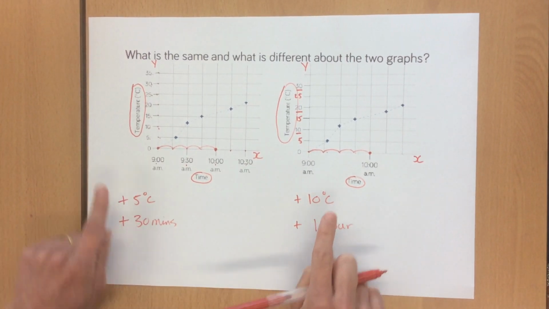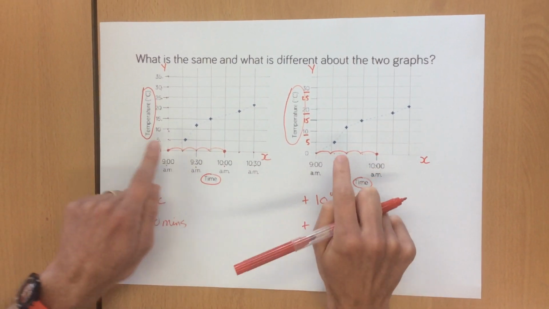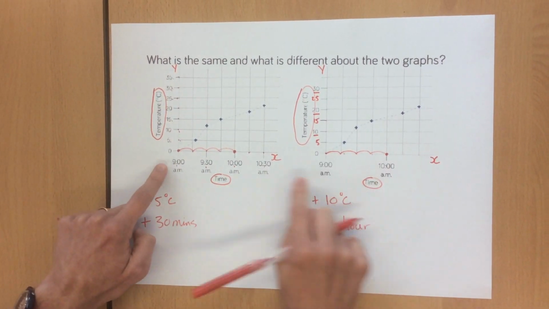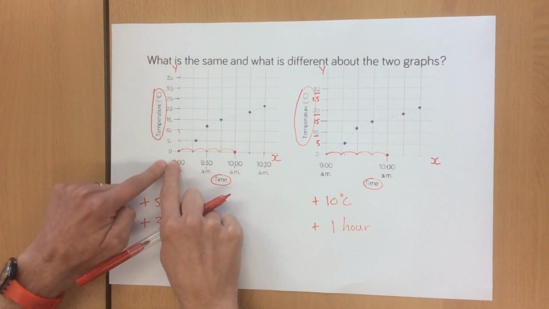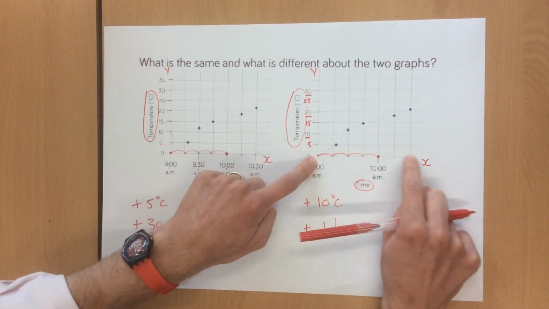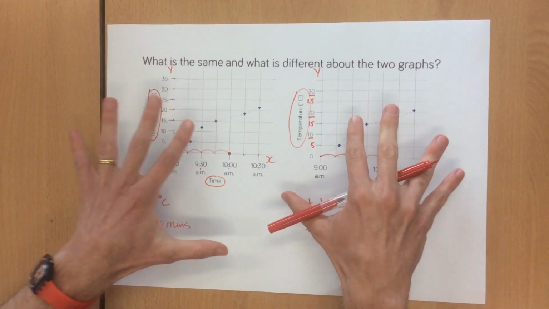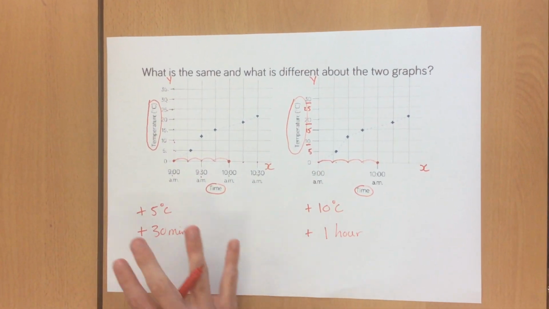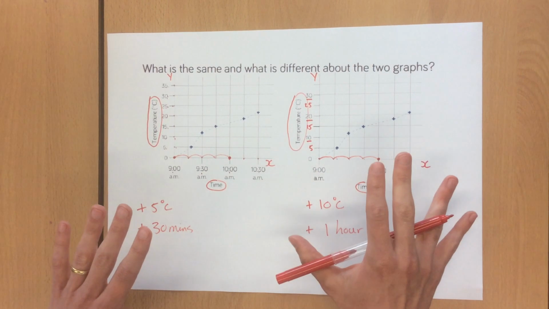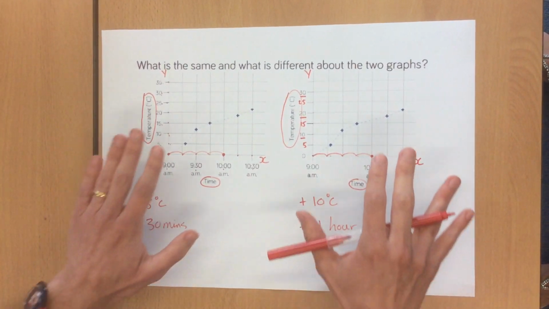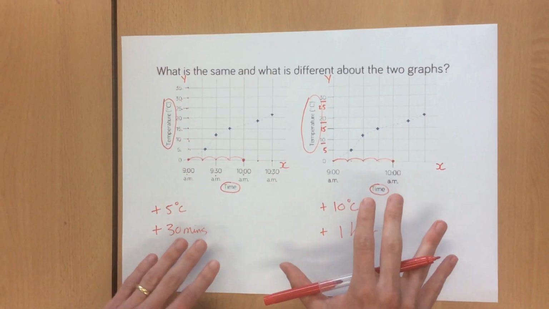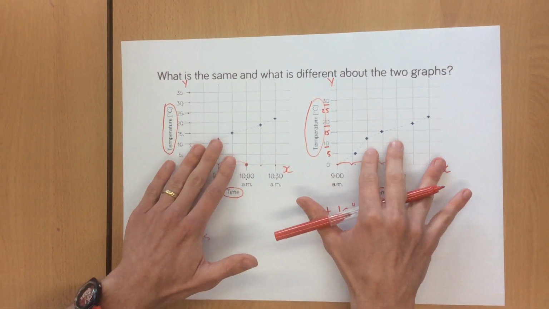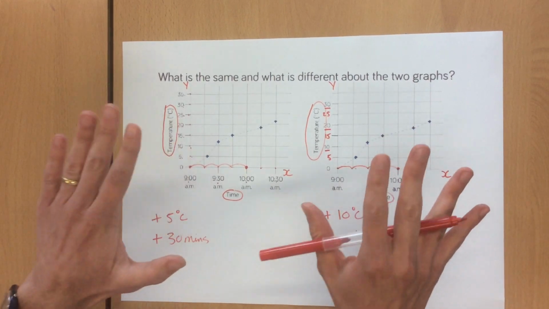So the difference in these two line graphs is that the scale on both the y and the x-axis have different increments: every half hour, every 5 degrees, every 10 degrees, and every hour, but the data is exactly the same. So there you are, that's just a quick little discovery, I suppose, a bit of an investigation between these two line graphs. But the most interesting thing is, even with these subtle differences, the line graph and the data is exactly the same.